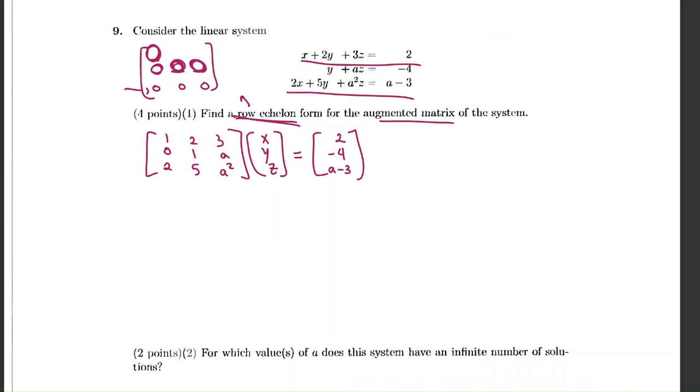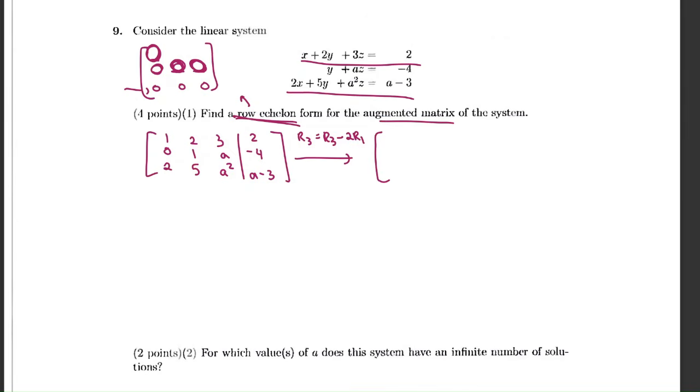And then to get the augmented matrix, I'm just going to remove this part to write it as a single matrix. In this case, I'll put a dividing bar just so I can figure out what's on the other side of the equal sign. And then from here, it's just row reduction. So I'm going to do row 3 equals row 3 minus 2 times row 1.